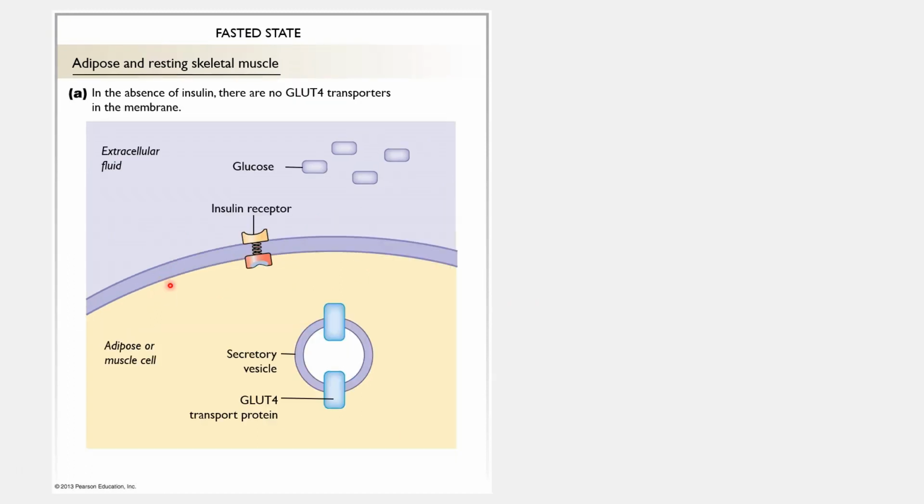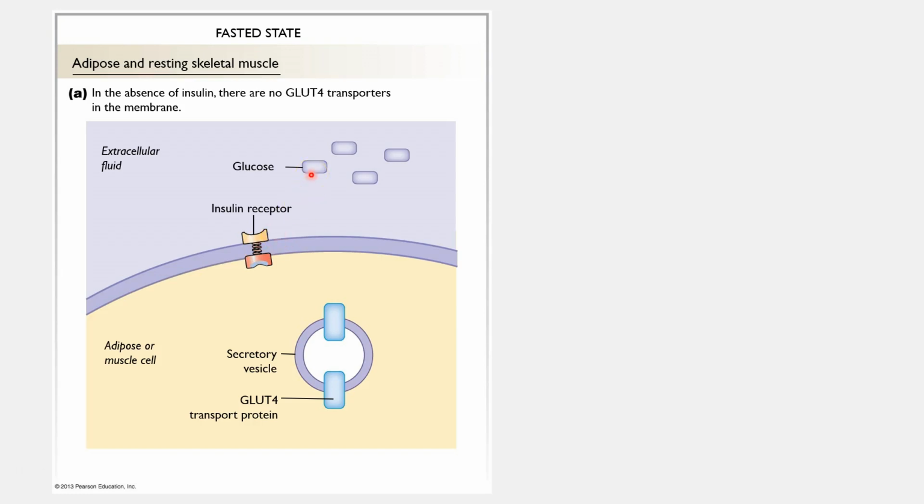All right, now let's contrast this to when you are fasting. In the fasted state, which is what we're talking about today, let's think about what's happening with adipose tissue and skeletal muscle. In the fasted state, glucose levels should be normal in the blood. You always want to have some glucose in the blood. But is insulin present? If glucose levels are normal, insulin should not be secreted.